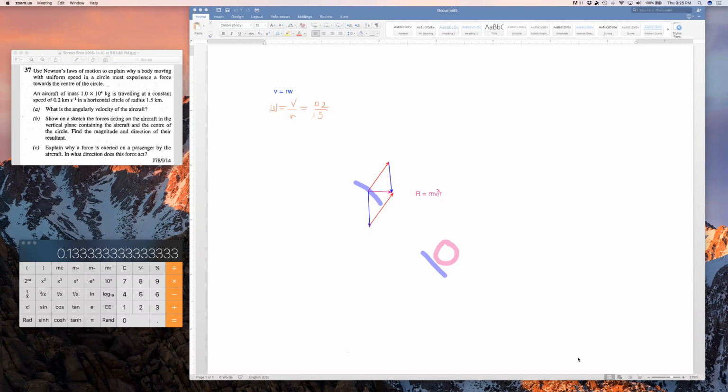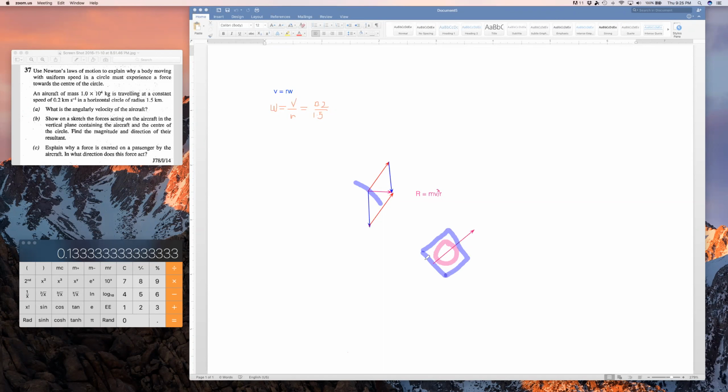The aircraft will be exerting a force on the passenger through the seat, like this. This is the force. This is the seat of the plane. The backrest will be somewhere at the back there.